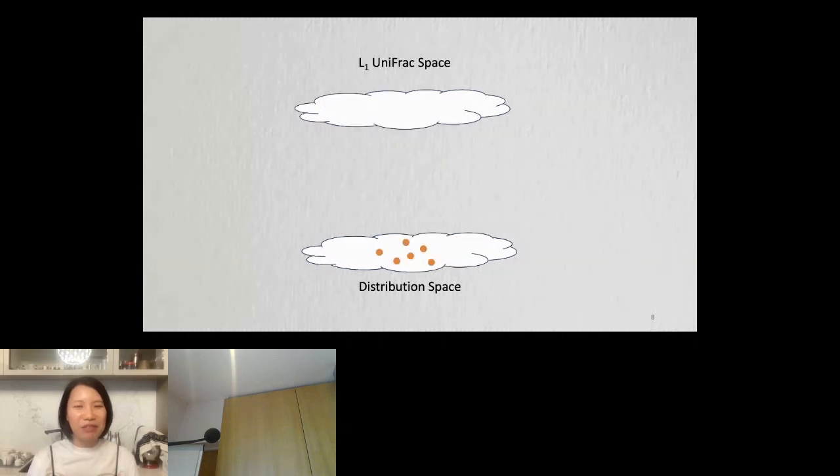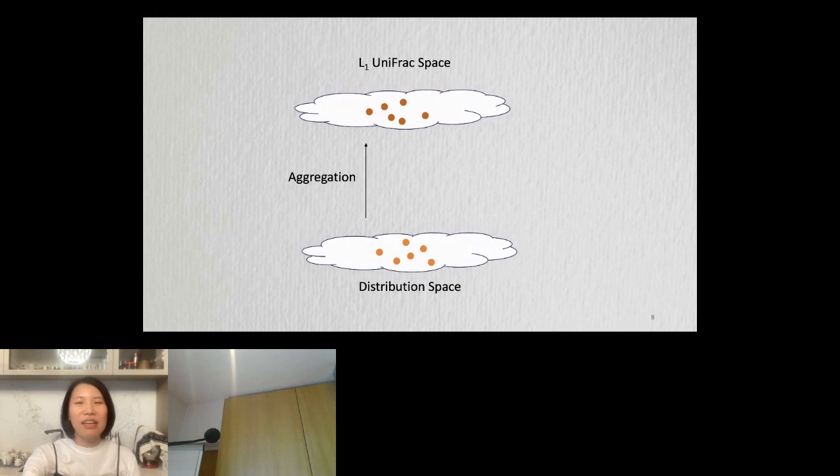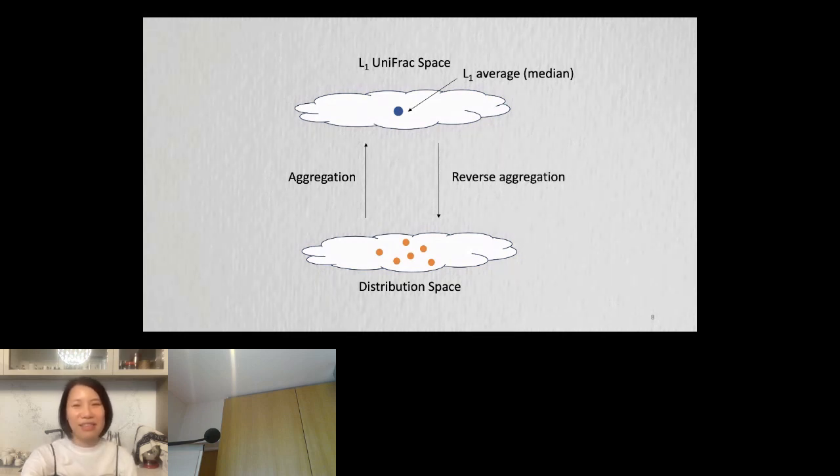Let's consider this intuition. Suppose I have a bunch of samples in the distribution space, and I aggregate all of them to the L1 UniFrac space, obtaining a bunch of aggregated vectors. Then I find the barycenter with respect to L1 distance in this space, which is simply the median of all the aggregated vectors. What if I try to reverse this process?